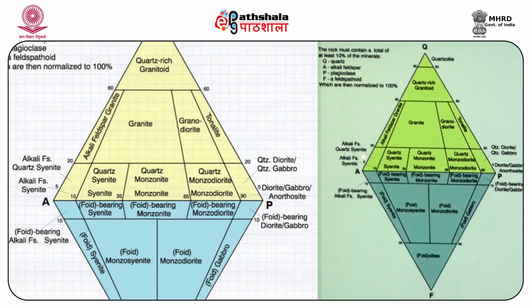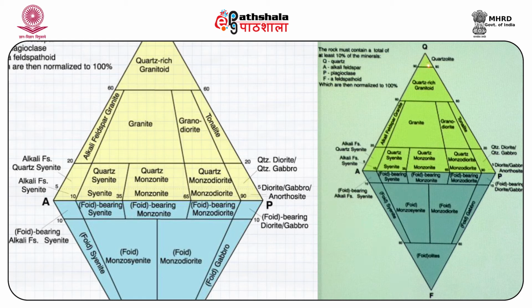Now, when the quartz is less than 20% and it is richer in alkali feldspar and plagioclase, it is called alkali quartz syenite, then quartz syenite, quartz monzonite, quartz monzodiorite, and quartz diorite. So, like that you can see the presence of quartz here.